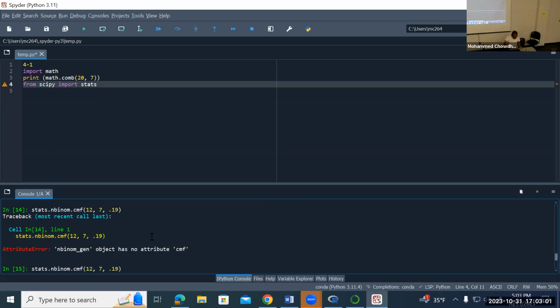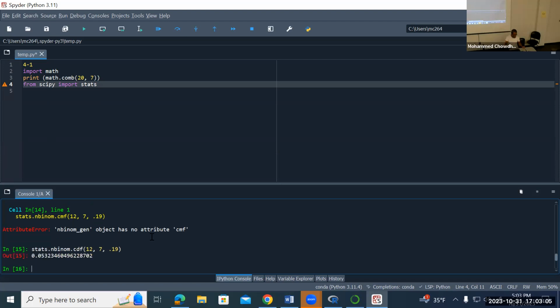It should be CDF. Now it will work. So in this case, it is like at most. And 1 minus at most equals at least.